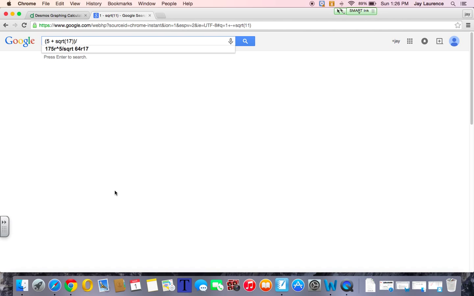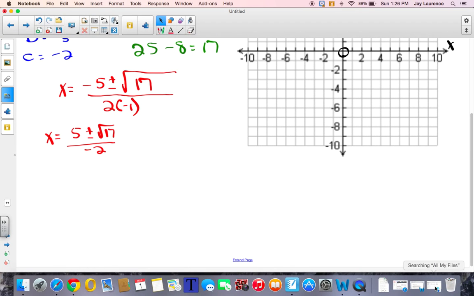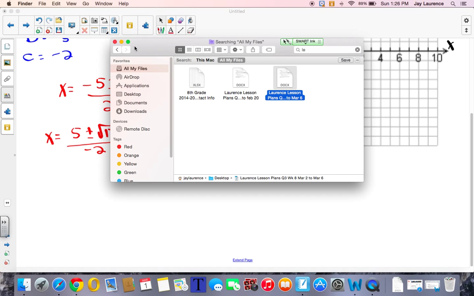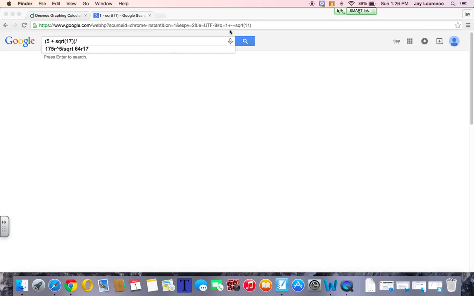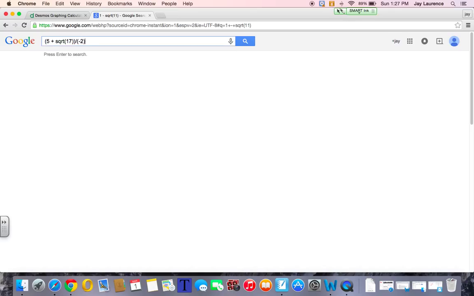I can't remember. Negative 2. Oops. So I'm going to divide by, maybe I better go parenthesis, negative 2. And let's see what happens. It doesn't look like it likes all that notation.